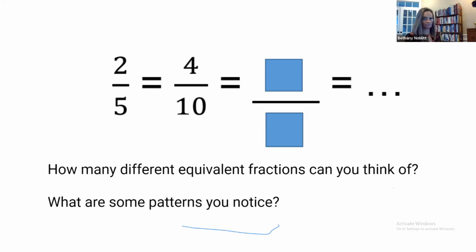Mindy also had typed into the chat about each step, like 2/5 would be step 1 and the greatest common factor would be 1. Step 2, 4/10, the greatest common factor would be 2, and so on. So we can pull a lot of different math out of this one activity.